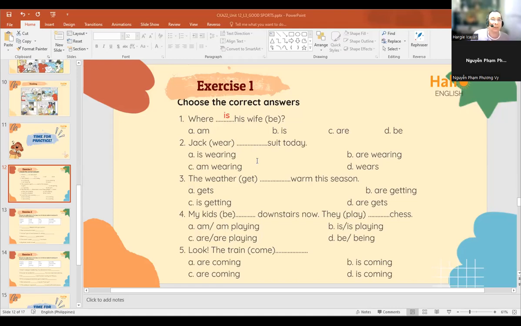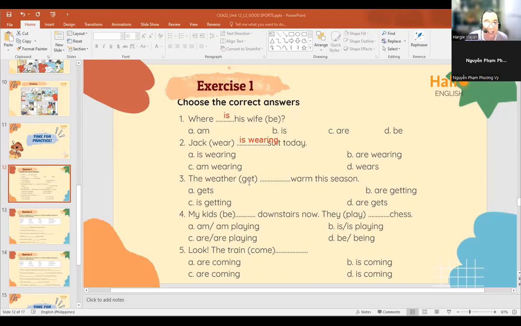What do you think would be the correct answer? So Jack is wearing suit today. Okay, that's correct.